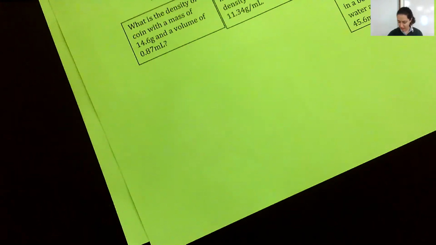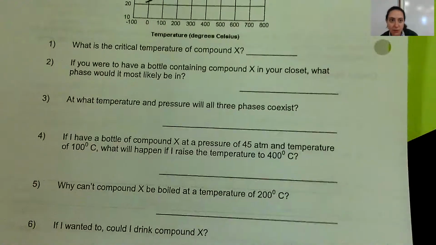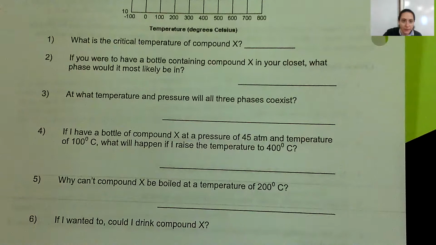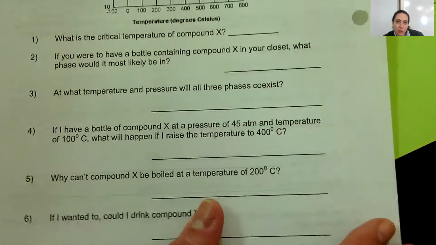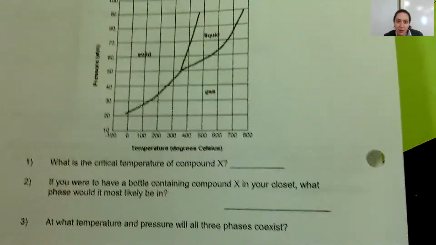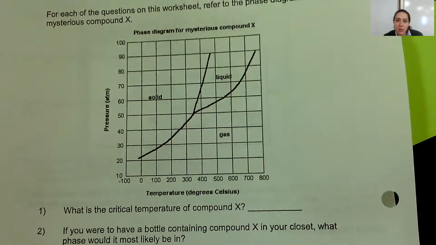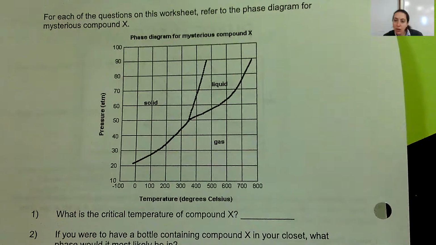Here is page 2. Page 2 is more examples. Let me take a quick look and see if there's one of these that looks really good. If we were to have a bottle containing compound X in your closet, what phase would it most likely be? Your closet is at about 1 atmosphere.